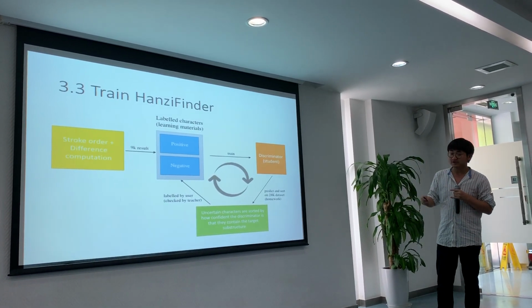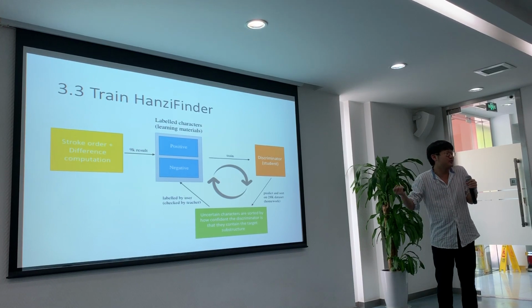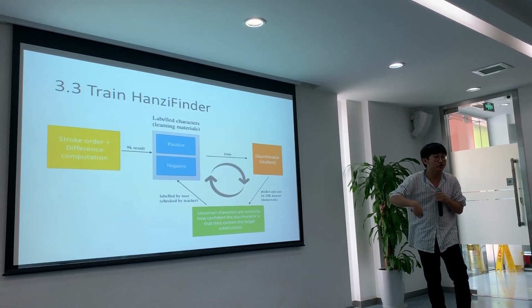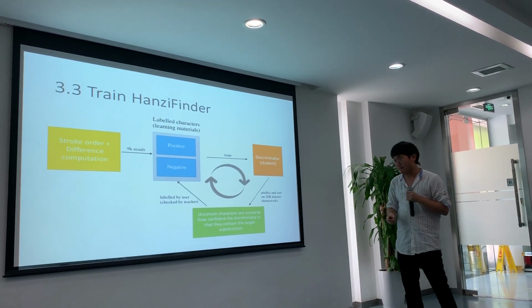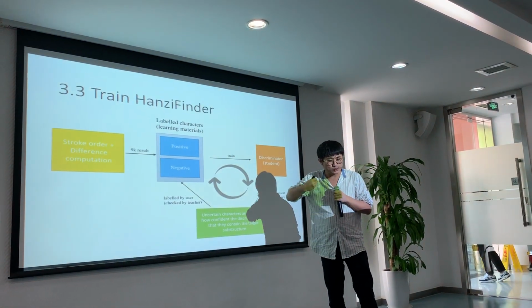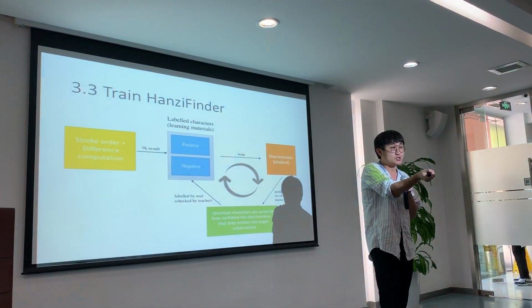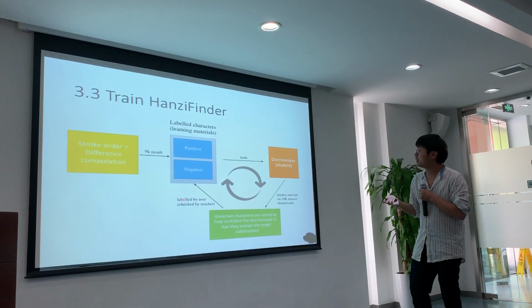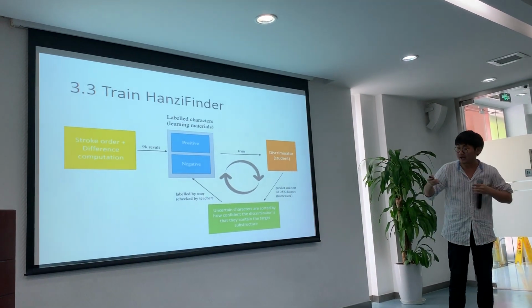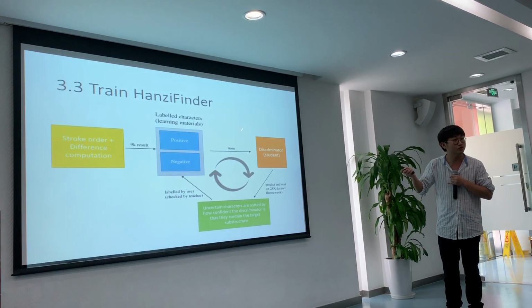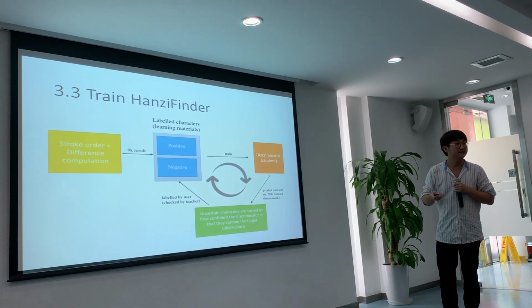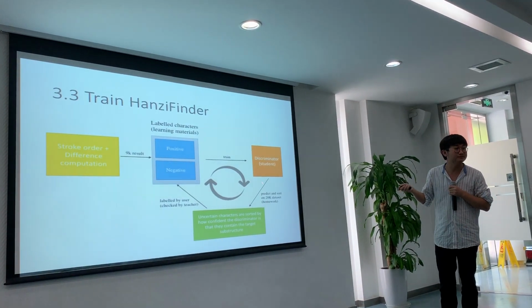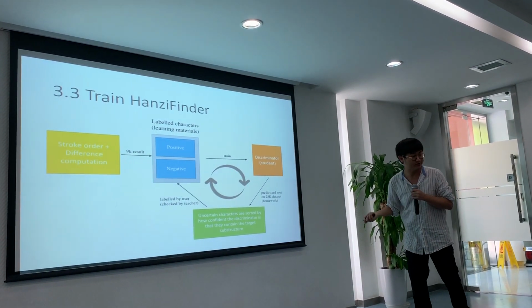The student answers the quiz and gives it to the teacher, and the teacher corrects it. The teacher gives back the answers with corrections, so the learning materials are expanded, and the student can learn again, do the quiz again, and repeat. This is how we improve the performance of this algorithm.